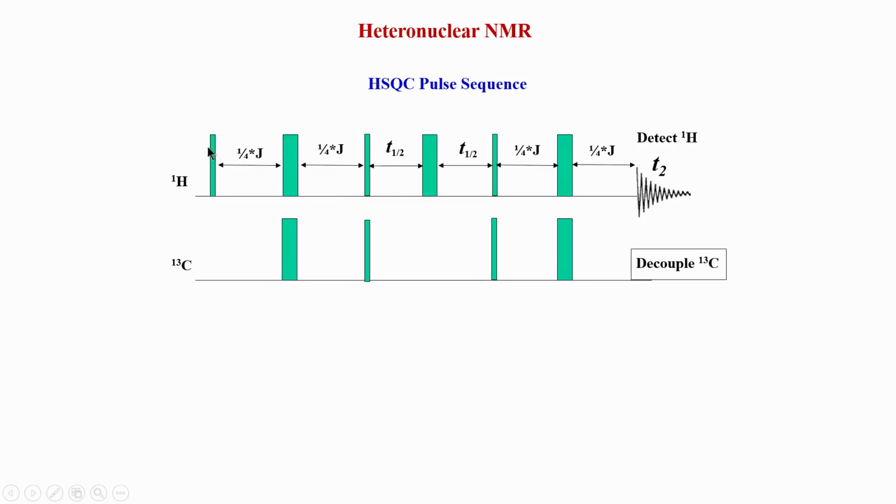Now, we excite this proton and give a very specific delay, and this delay is equal to 1 over 4 times J. Remember, J is in the denominator, not the numerator.